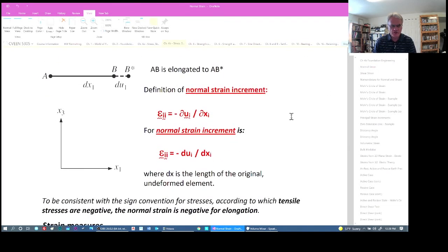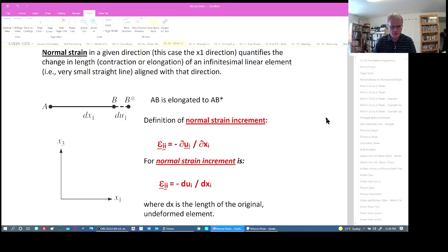In this figure we can see that the coordinate system is x1 going horizontal and x3 going vertical. If we look along the x1 direction, we can have some strain in the normal direction. Remember again, the x1 plane would be up and down vertical here, so we're talking about strains that are normal to that plane.